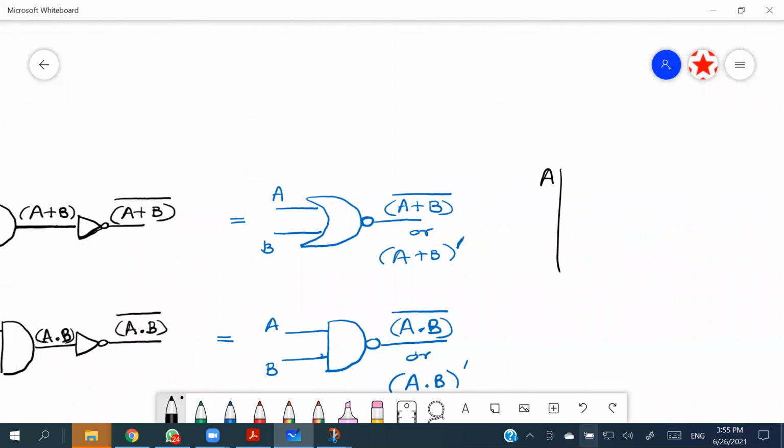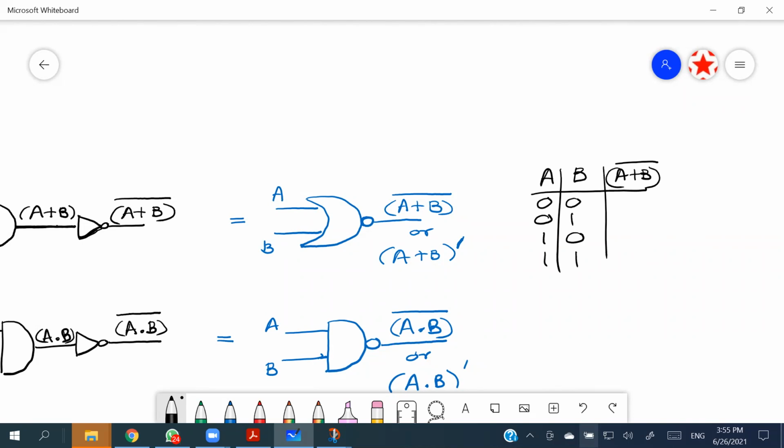You have A, you have B, and what you're going to find is A plus B total bar. You know how to add, you know how to complement. So 0 0, 0 1, 1 0, 1 1. 0 plus 0 gives you 0.